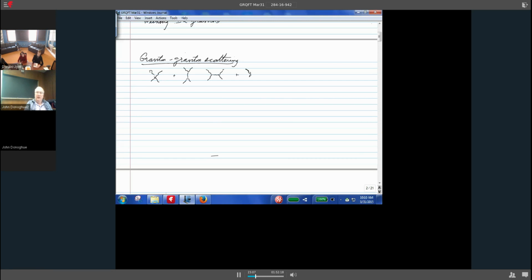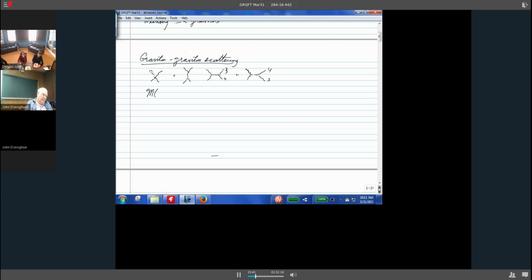There's pole diagrams that look like this, plus pole diagrams that look like this, plus pole diagrams that, if this is 3, 4, we come out with 4, 3. So it's symmetric. And I showed you how terrible those vertices look. And the 4 graviton one is even worse.